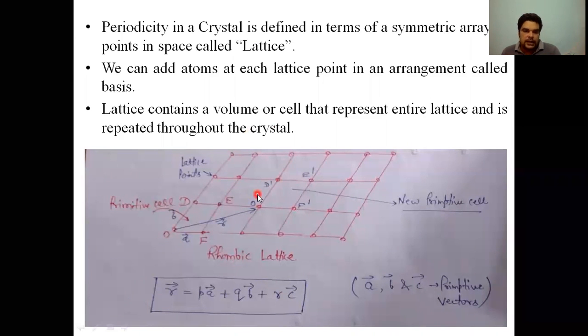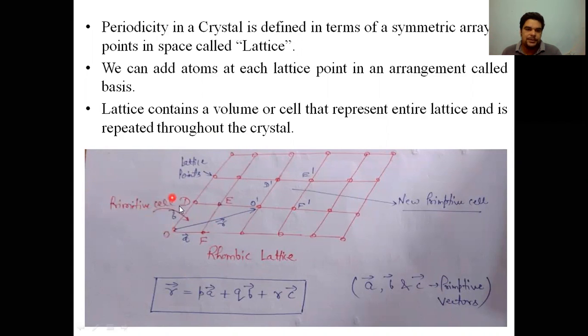Lattice contains a volume of cell that represents the entire lattice repeated throughout the crystal. Now the smallest cell in this lattice is called a primitive cell.